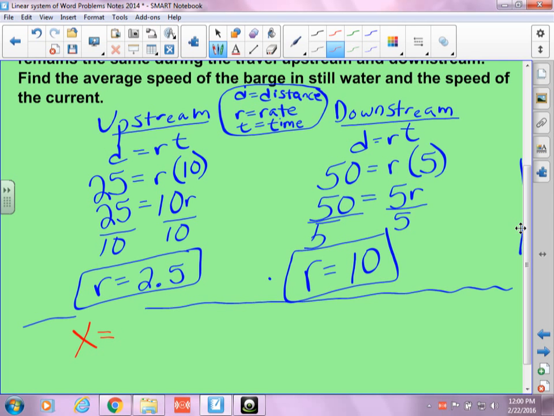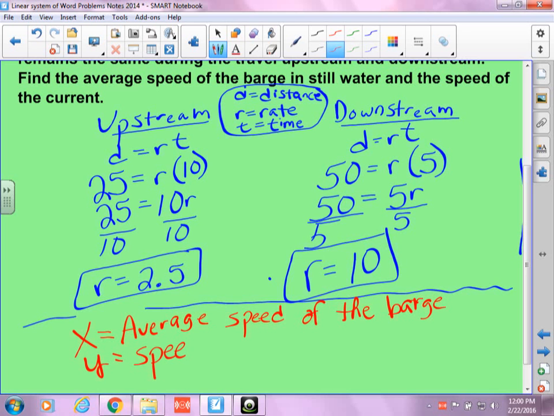So X is going to be the average speed of the barge, and y is going to be the speed of the current.